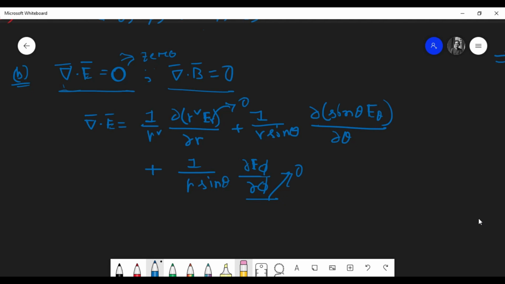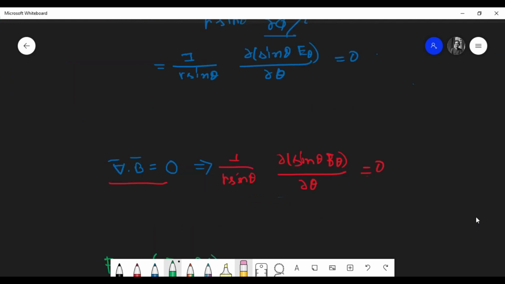E r is 0, so this first term is also 0. So we are left with this second term, which is 0 by this equation. Now, in case of the magnetic field, we will have a similar equation.